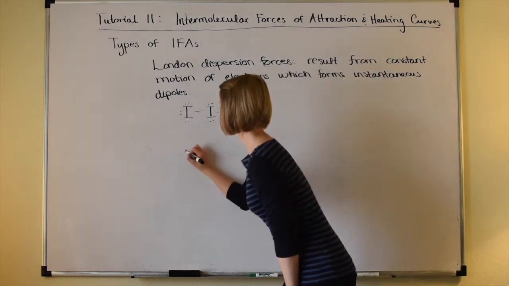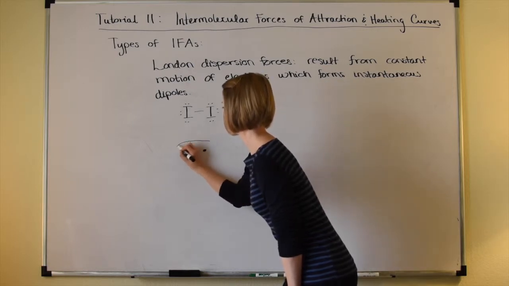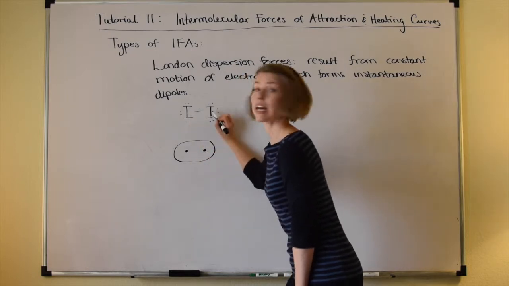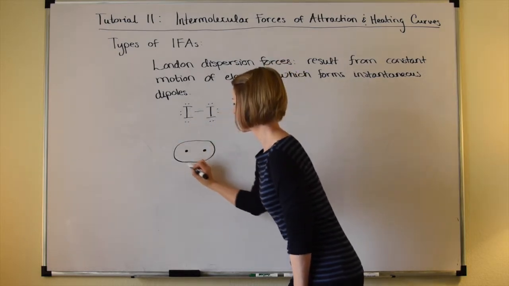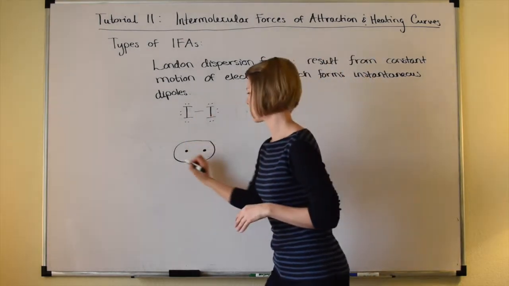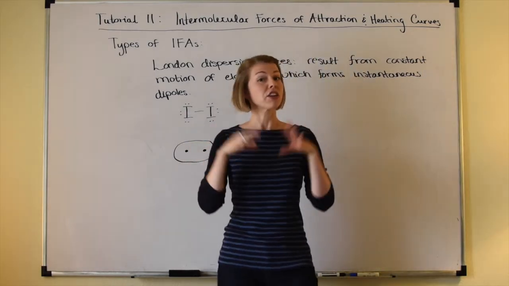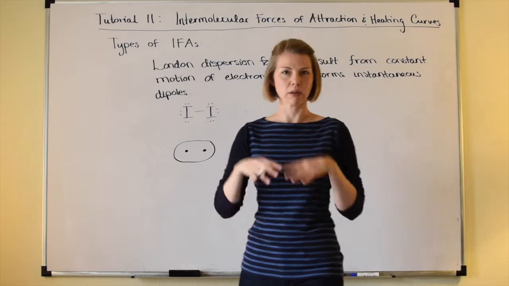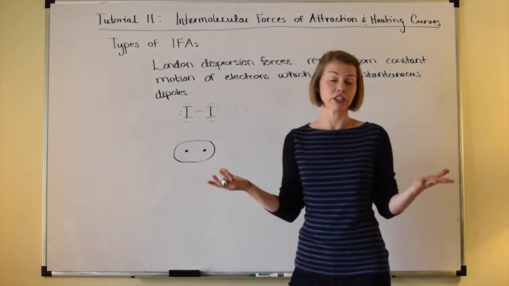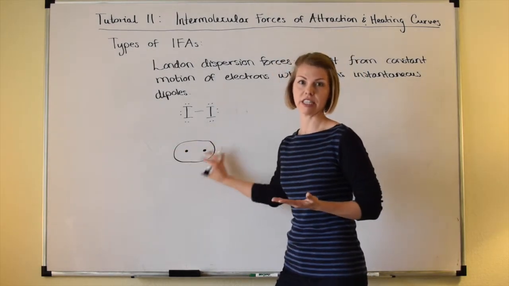So if we redraw this in that sort of cartoon diagram that I used before, where I show the nucleus for each iodine atom and then just the even electron density that's being shared in this bond. It's represented by this cloud here. Well, this cloud of electron density, the electrons are in motion. They're moving about. And so at any given time, the average, I would say, the electron density is evenly shared, as we have it indicated here.